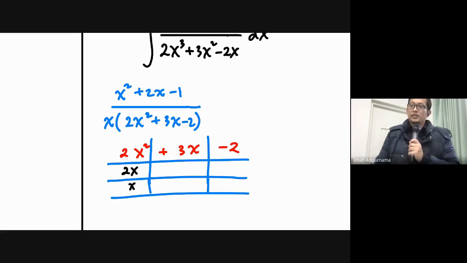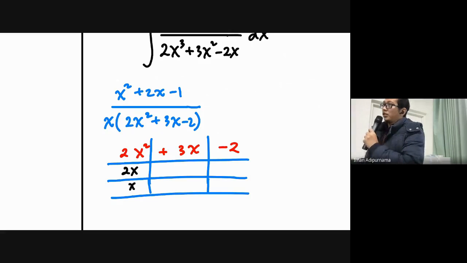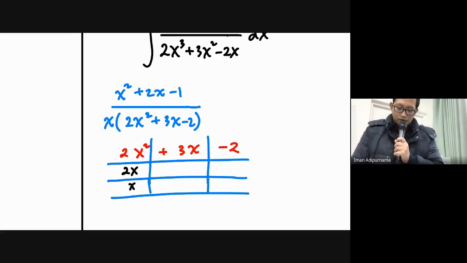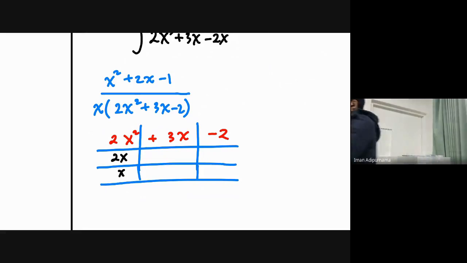I believe only 2x and x are possible to give 2x squared. And for negative 2, you have 1 and negative 2, or negative 1 and positive 2. You can just use trial and error, and when you get an answer, cross multiply to check whether the middle term is 3x.